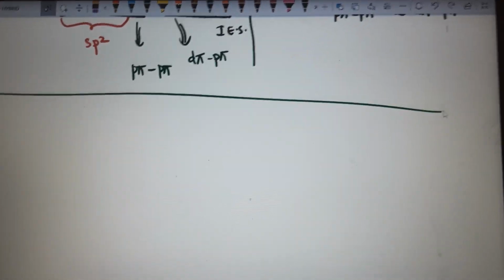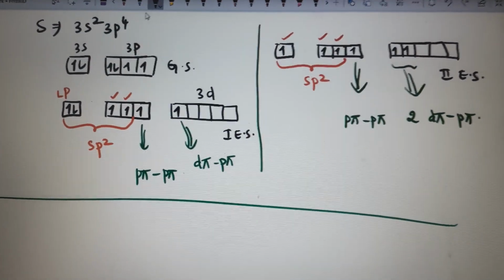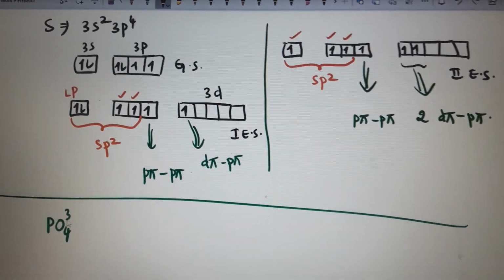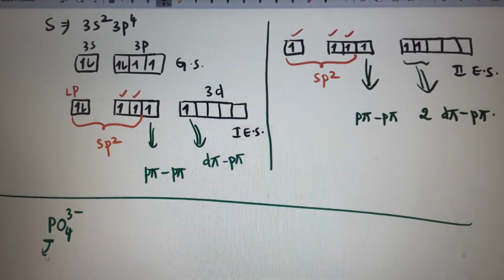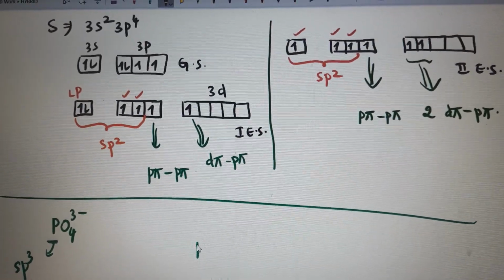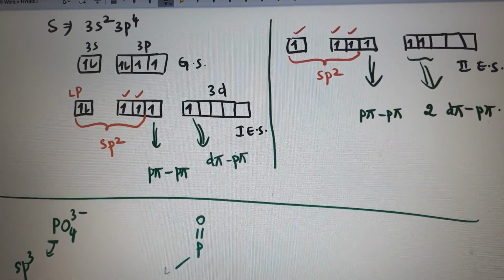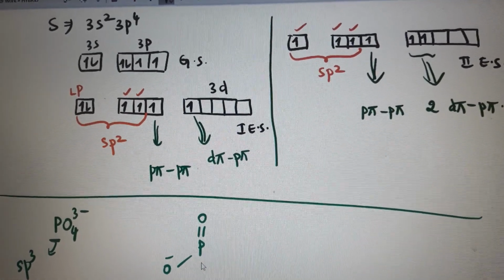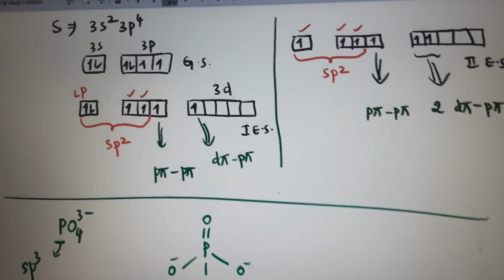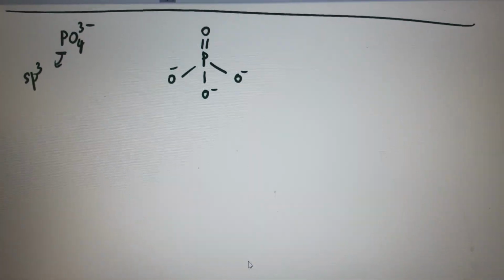Similarly, PO4 3-. Phosphorus is sp3 hybridized, with P double bonded to O and three O-. So there is one pi bond in the phosphate ion.